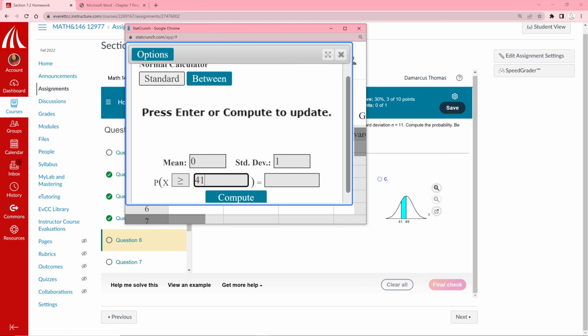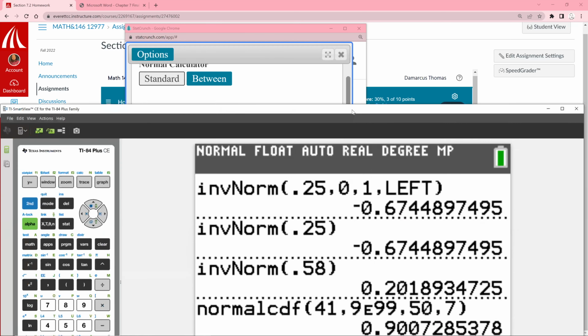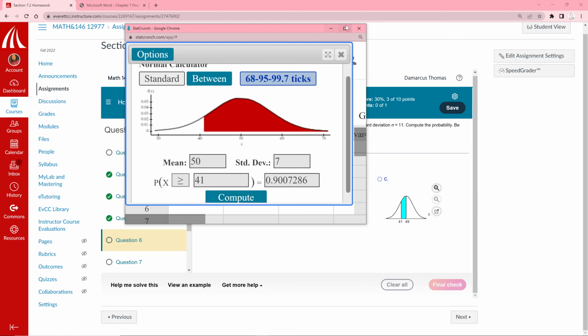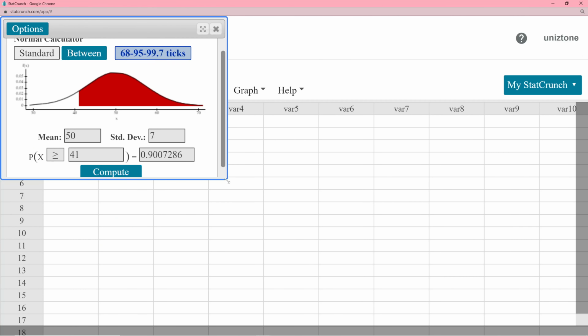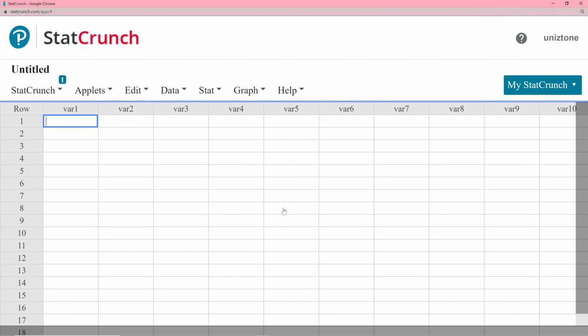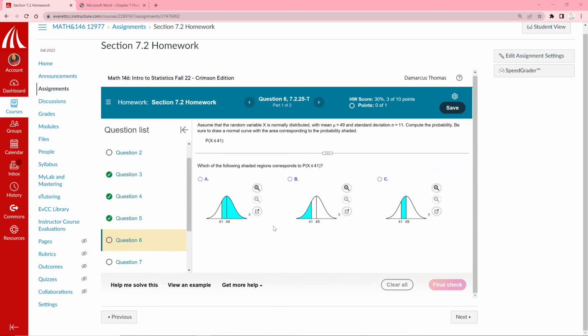The mean was 50, the deviation was 77. So let's do that, and when you hit compute, it gives you what we got. So yeah, you really have to be comfortable doing these kinds of problems.